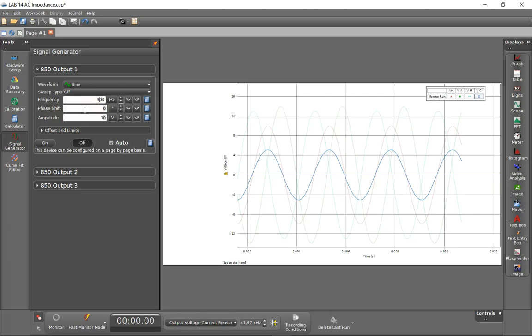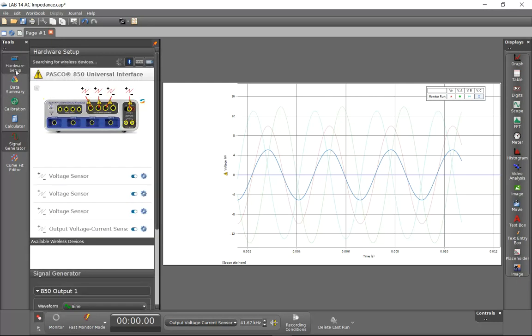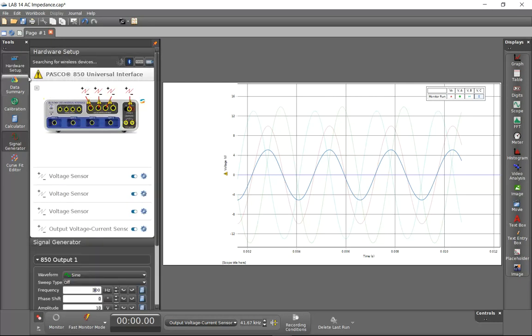Now, if you go down to the bottom, there's a problem. It does not light up. Well, click on monitor. It should work when you click monitor. I don't think it's going to because it's grayed out. It didn't work. Click on hardware setup. Yeah, it doesn't see it. It's connected.